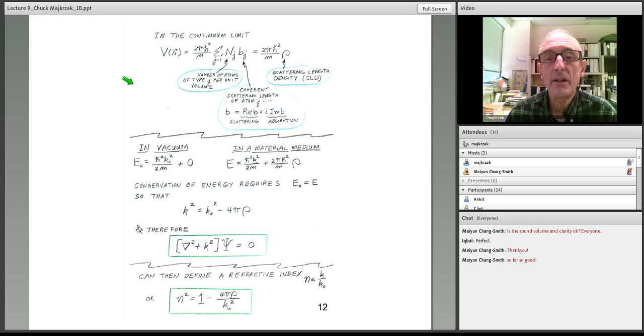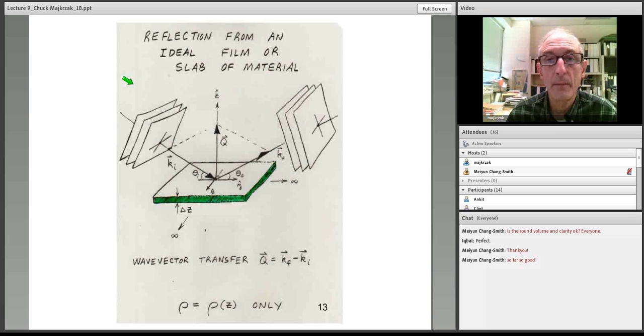And in the material medium, there is an additional potential energy that we describe in terms of this scattering length density rho. Imposing the condition that energy is conserved, we find the relationship between the wave vectors in the medium and outside the medium in terms of the scattering potential, scattering length density rho, and we can define a refractive index that incorporates the information about the potential that we're ultimately interested in finding out about.